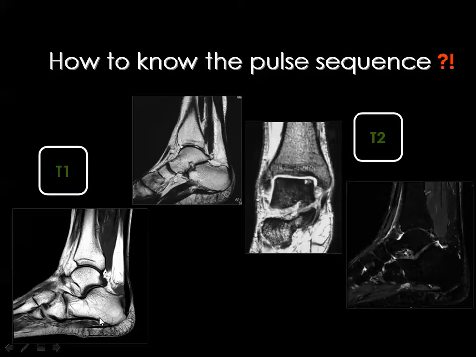If the fat is bright, this is T1; if the fat is gray, this is T2; if it is more dark, this is T2 star; if it is very dark, this is STIR images. Both the T2 and also the T2 star and the STIR images belong to the T2 weighted images, meaning that the fluids will appear bright in these three images.